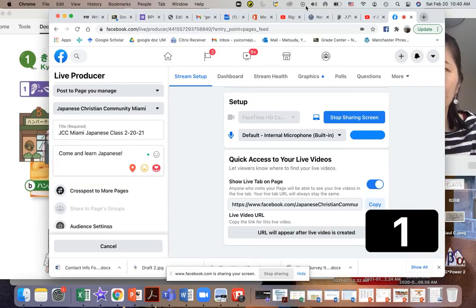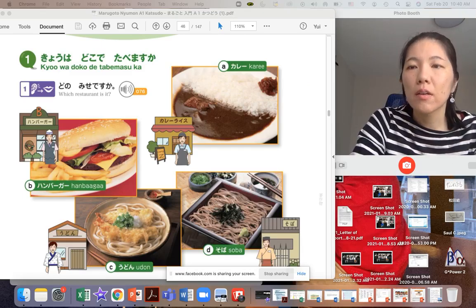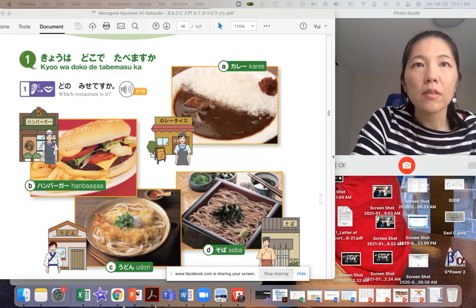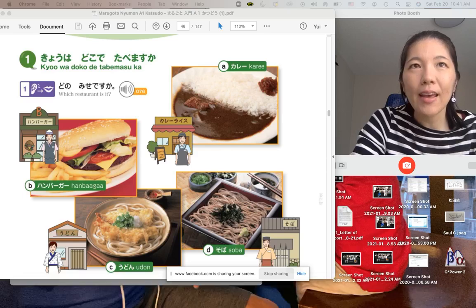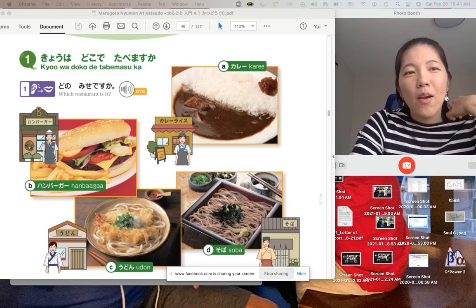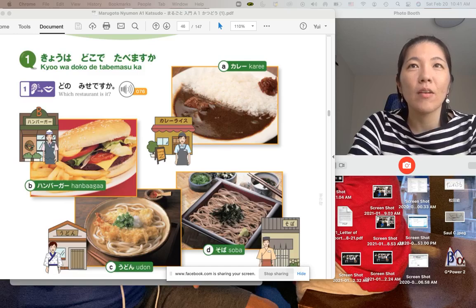So, let me bring this back. Number one is カレー, curry. Japanese-made curry I say is better, but I mean Indian curry and other curries are great too. We made カレー in a Japanese way with all these ingredients.